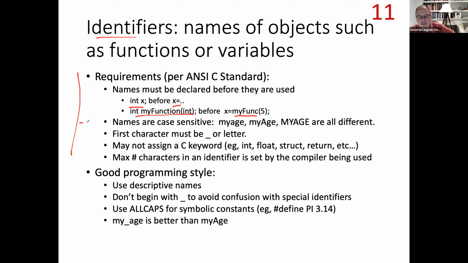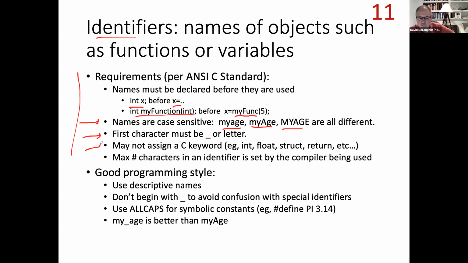What else? These names are case sensitive. So there's a difference between uppercase and lowercase. If I write my age with a capital A or all capitals, these are all different. As far as the compiler is concerned, those are different variables. There are some style guidelines on when to use capital letters and when not to, and I'll tell you about those. When you're naming a variable or a function, the first character has to be either an underscore or a letter.